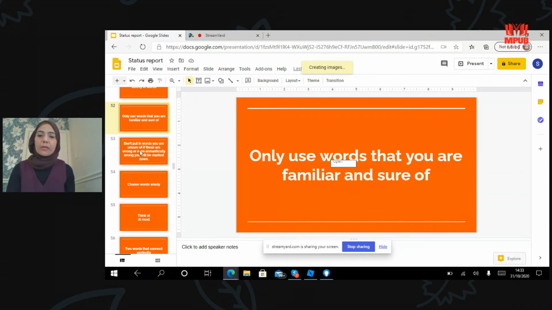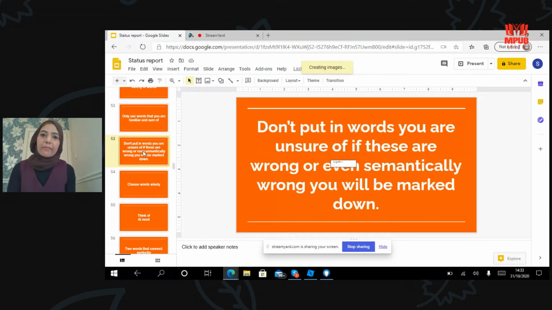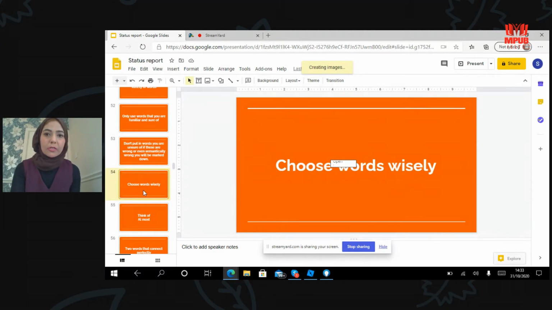So don't put in words you're unsure of. If these are wrong or even semantically wrong, then you'll be marked down. So it's really important that you're using the correct words and you're very confident that you know that word fits in there. So choose words wisely.